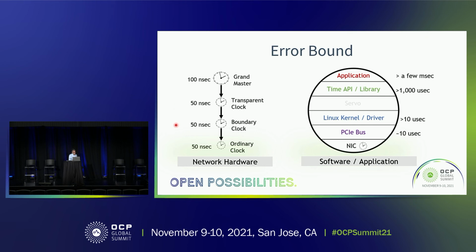And we have an ordinary clock at the end of this PTP tree, where the clock uncertainty is another 50 nanoseconds. So in total, we have about hundreds of nanoseconds between the grandmaster and the ordinary clock. So we can expect two machines across data centers to be within about 100 nanoseconds of each other.